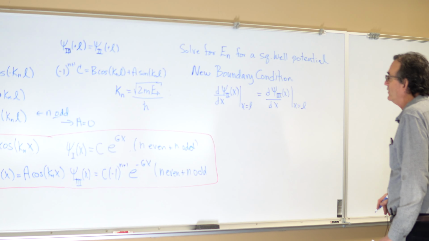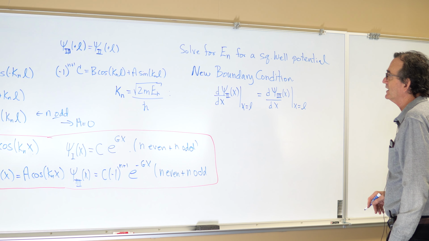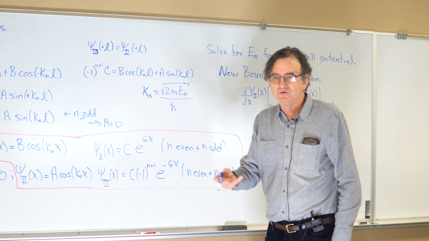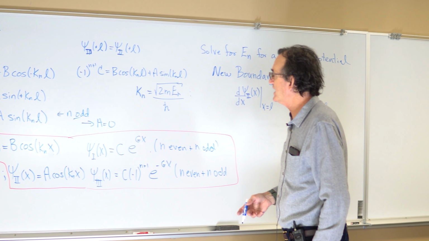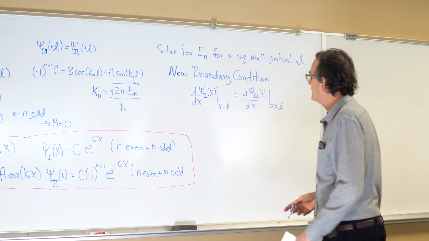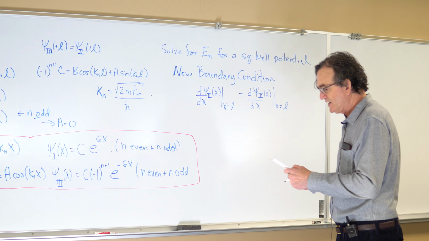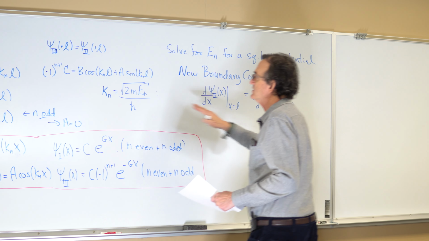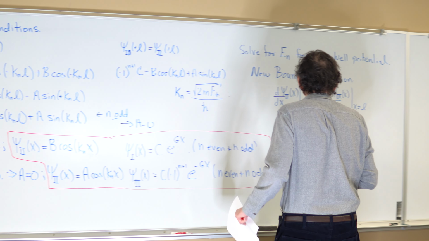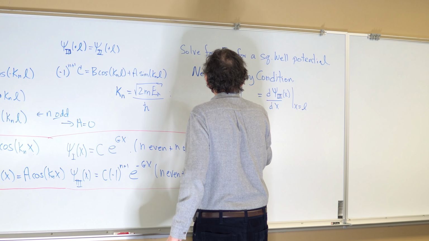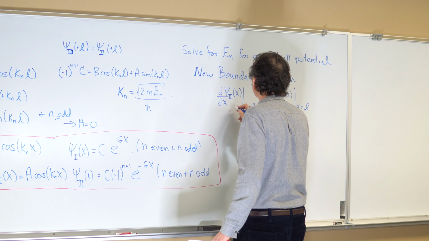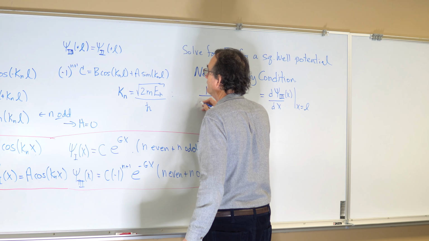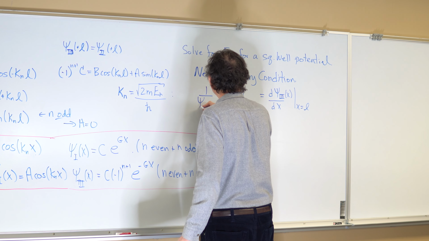So what we can do now is a very slick trick, and I'm going to show you how to do it. There's an extra credit problem if you so choose to do it on Blackboard. Someone was very clever with this and basically said, well, if this condition is true and this condition is true, then it must also be true that taking the derivative with respect to x divided by the function itself must also be continuous.